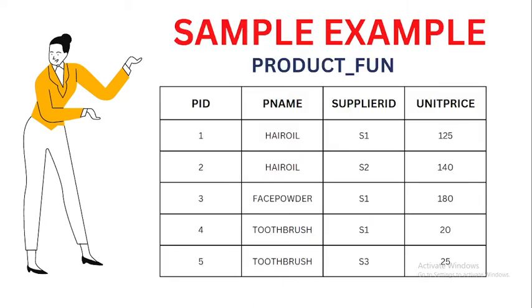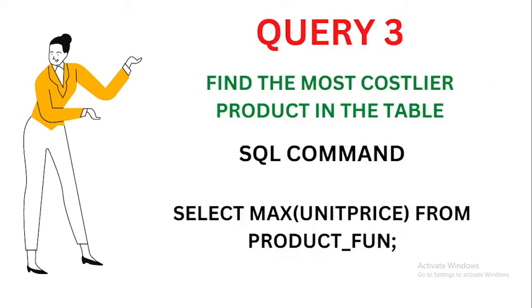Again we are taking the same example, input table product_fun with 4 columns and 5 records. Suppose the question is asked, we need to find the most costly product in the table.